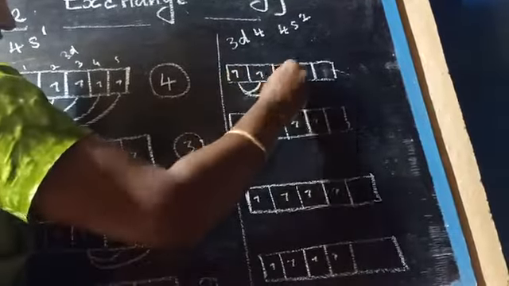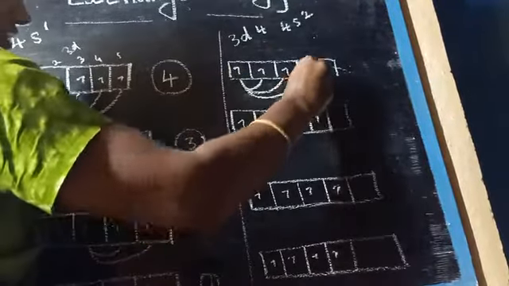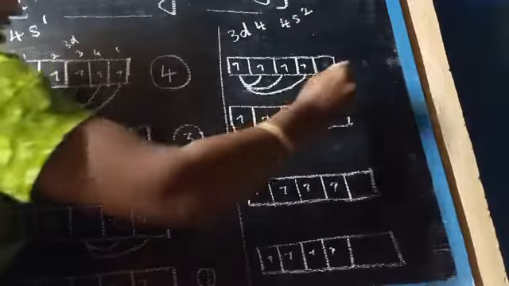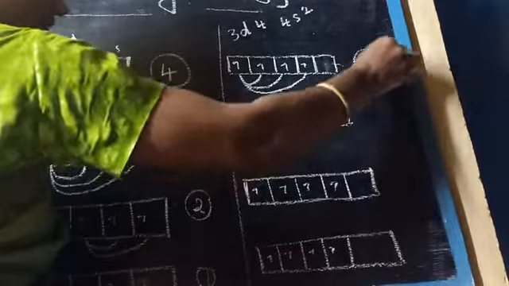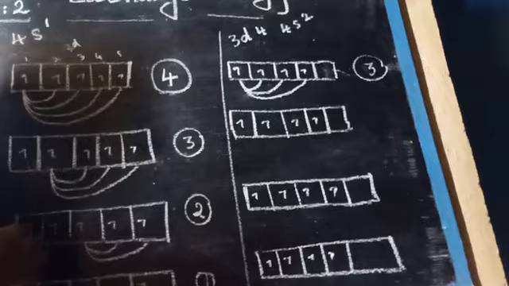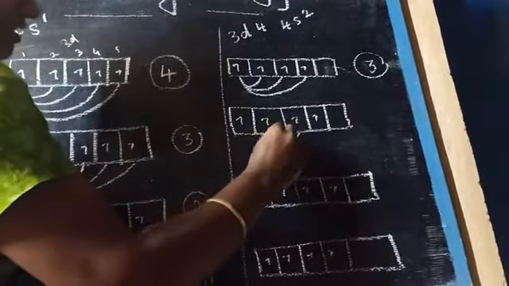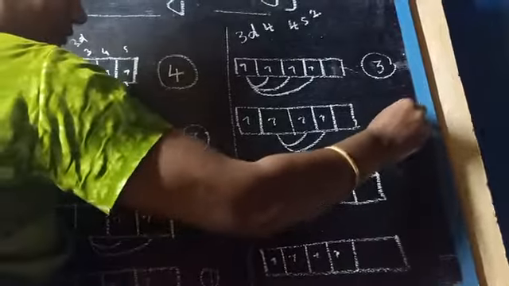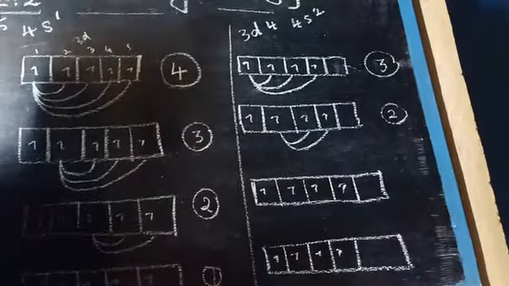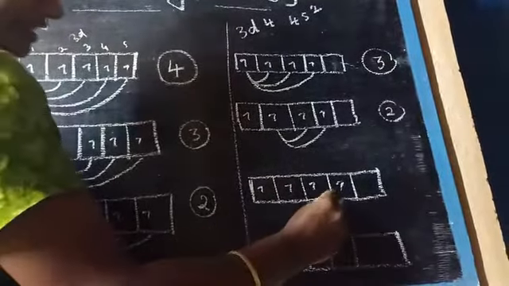Here also it is possible, and here also this electron exchanges. So totally how many? 3 possibilities. Next, here this electron, 1 and 2. Next this electron.